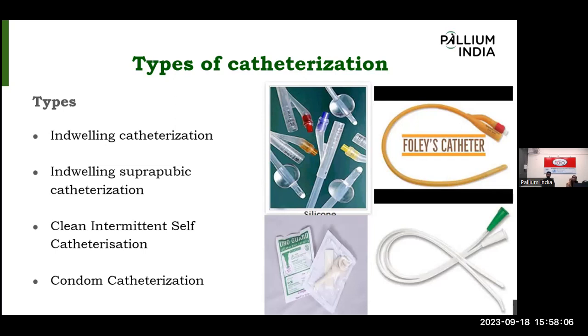What we do is we try to assess the sensation of their bladder, and if they have some kind of sensation, we try to remove the Foley's catheter, and we use the same Nelaton catheter for draining the urine, clean intermittent self catheterization.